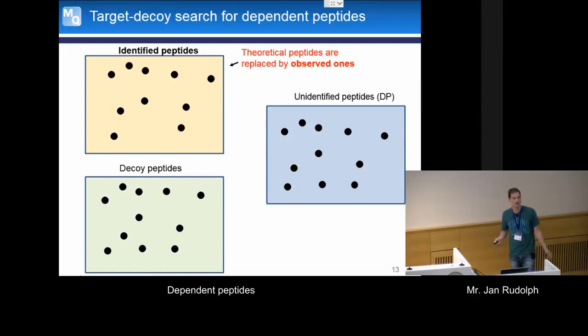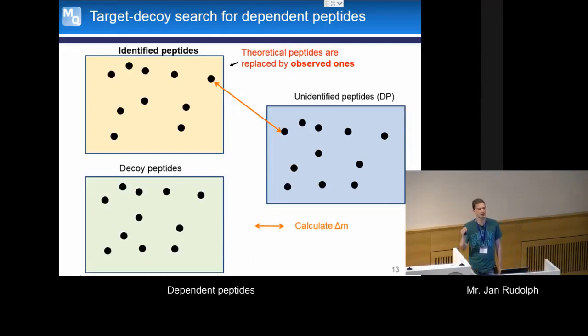Now we cannot restrict ourselves to just mapping between peptides with identical mass, but rather if we consider an unidentified peptide and match it to one identified peptide, we will always have this mass shift, which we can calculate.